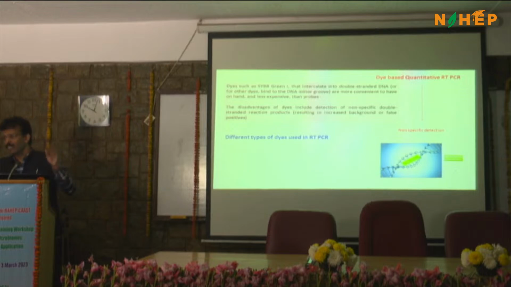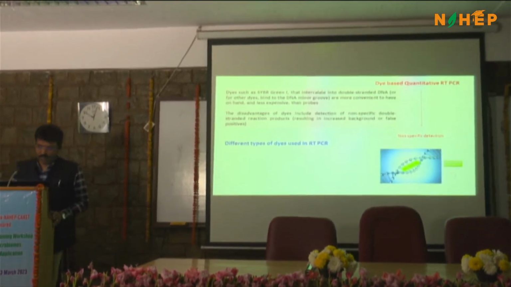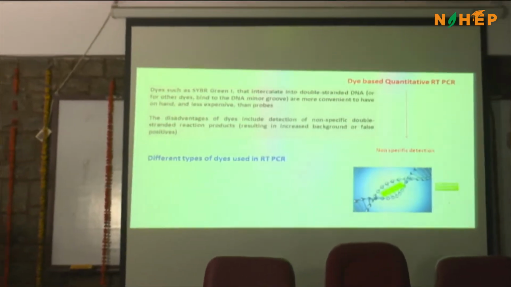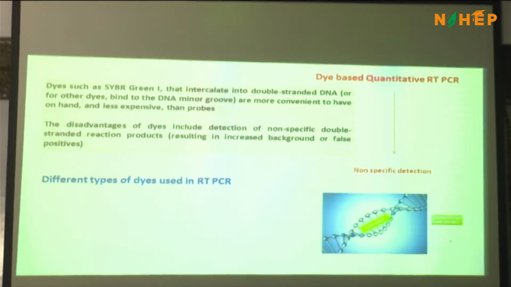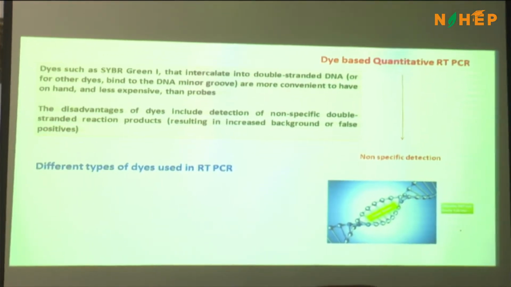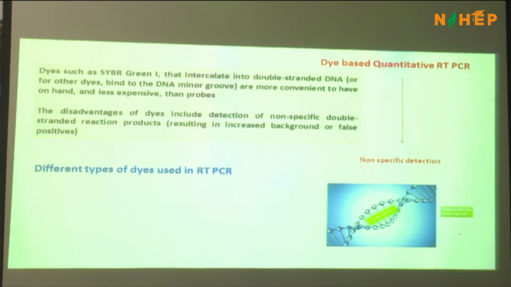It binds in the minor groove of a DNA double helix, right? As the amplification progresses, you get a progressive accumulation of amplicons. Amplicons are nothing but double-stranded DNA. They carry the minor grooves, and your SYBR Green is going to stick inside. And as the DNA accumulates, you are going to see a progressive increase in the fluorescence. That's what you are going to see in the machine.